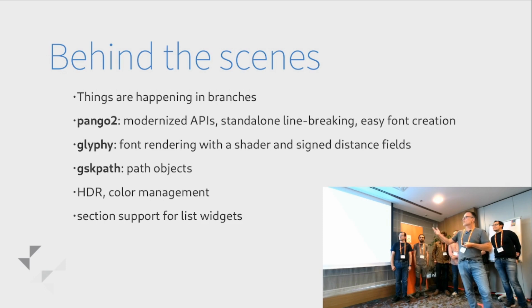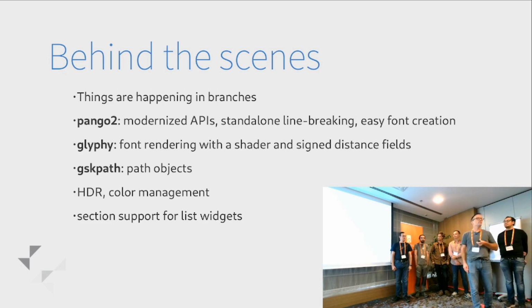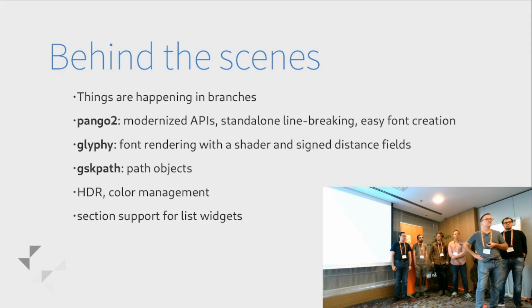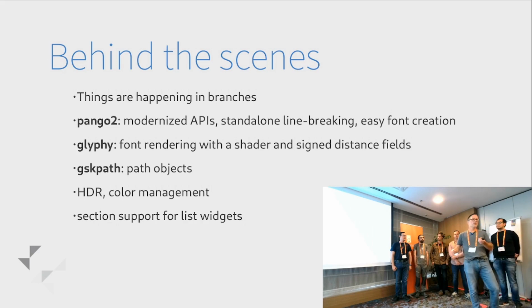Going along with the new Pango APIs, it's also maybe doing font rendering in a better way. There's a branch that uses Glyphy, using shaders and signed distance fields to render fonts on the GPU. That's still a bit more experimental. We'll see if that pans out as we hope it will, but it might. And there's also a branch for introducing path objects as a primitive in GTK, so you can do more complex rendering on the GPU.